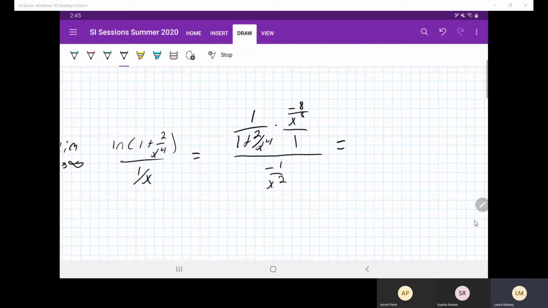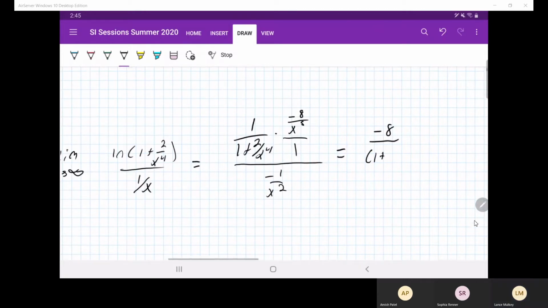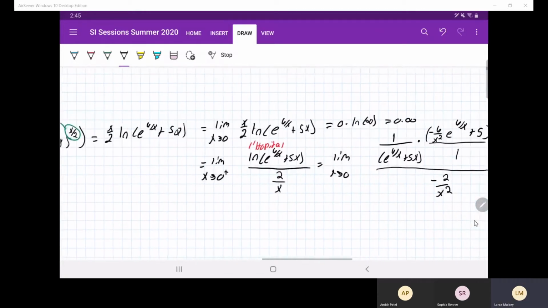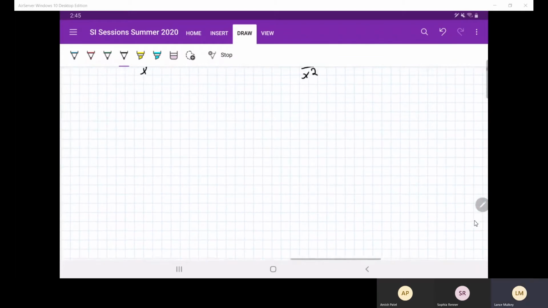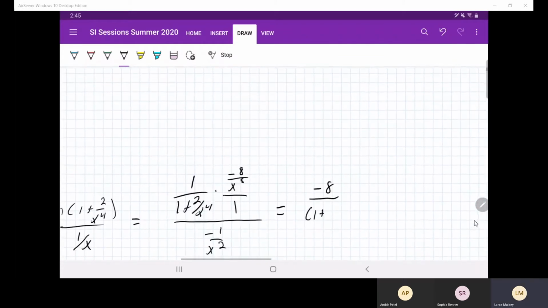And that equals. I think I know what I did wrong. The top one. No, I didn't do that wrong. Never mind.